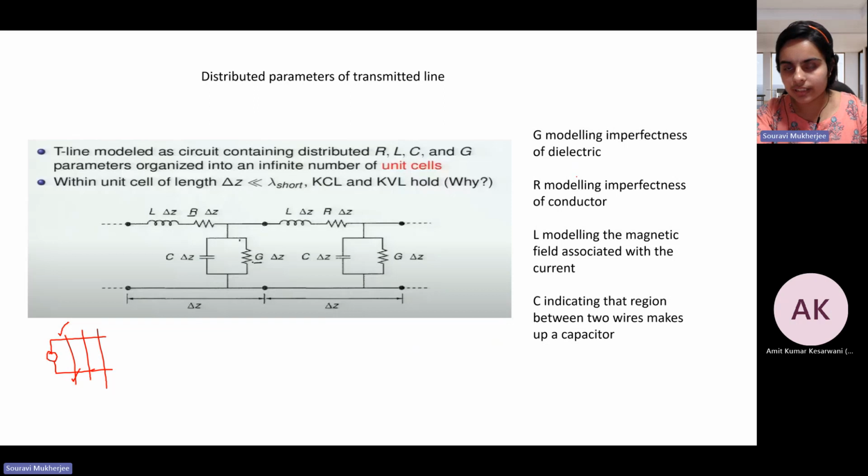So let's see what gives rise to these. There is G, which models the imperfectness of the dielectric. What do I mean by that? You have two connecting wires, and there can be something in between, or it can be free space. Suppose you have a coax: you connect the positive terminal to one end and the negative terminal to the other, and between them there is a dielectric.